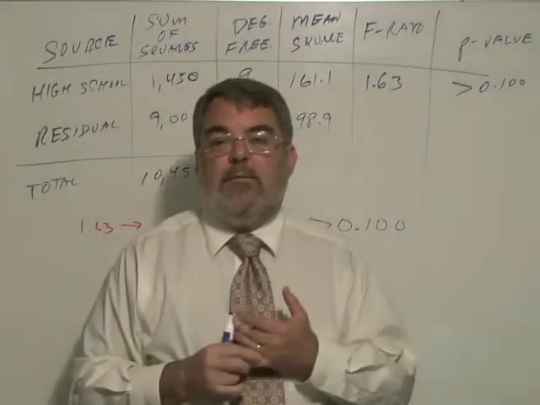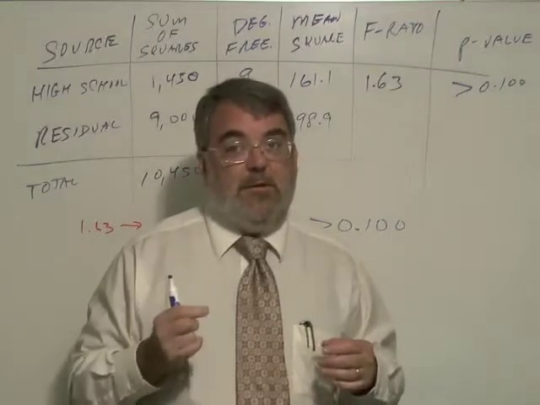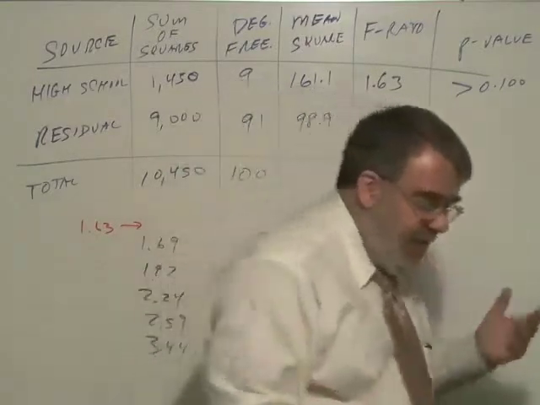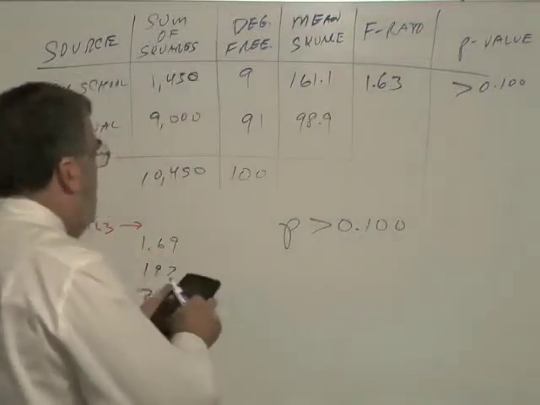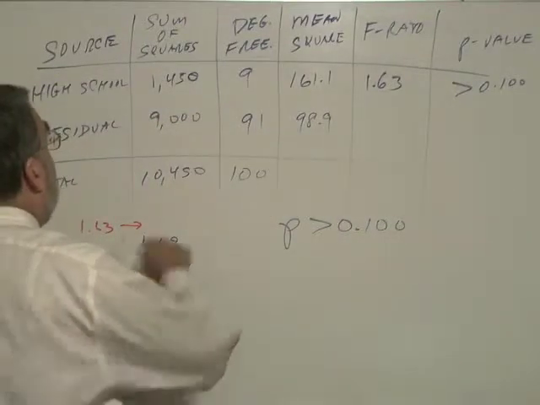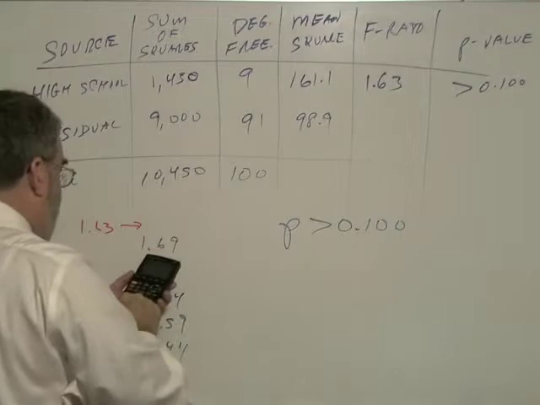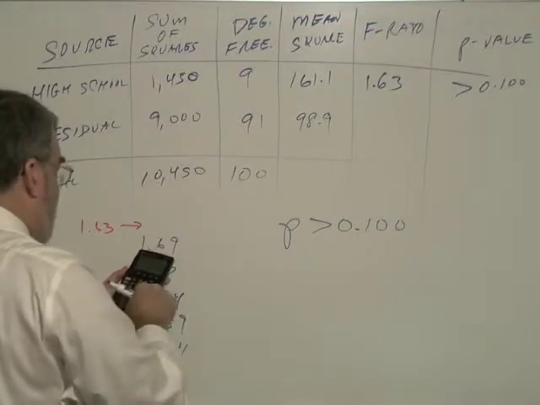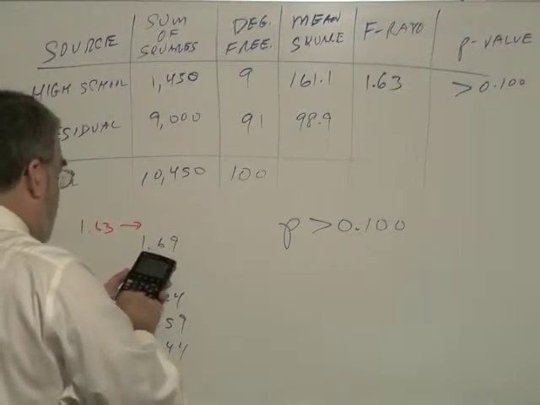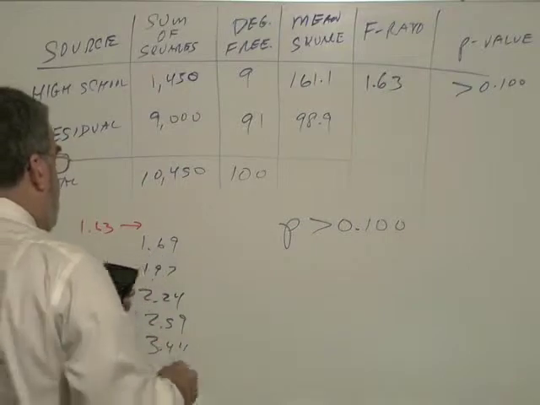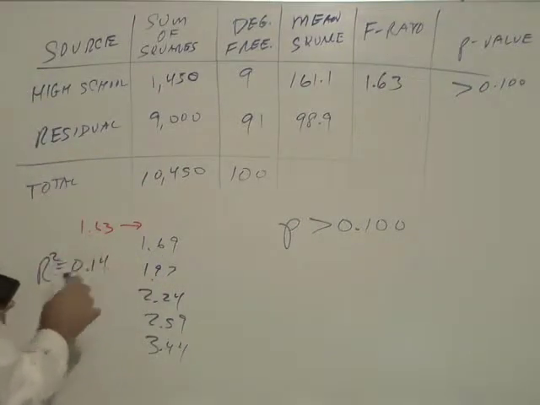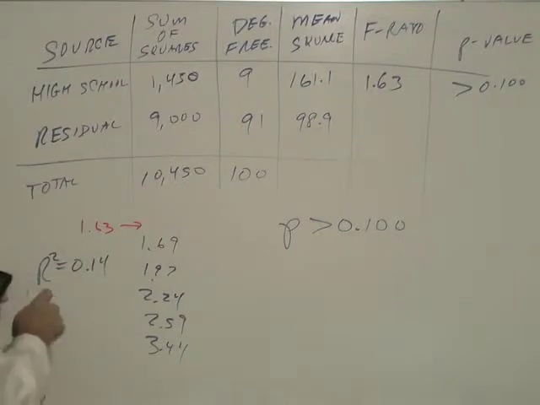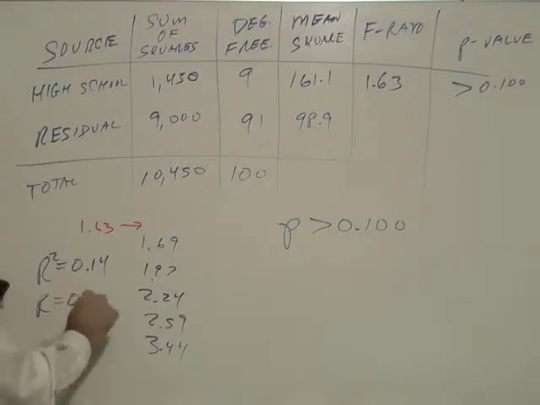And the proportion column gives you r squared, which, for the record, r squared would be the sum of squares, 1,450 divided by 10,450. So r squared was 0.14. If I take the square root of that, it means r is equal to 0.37.